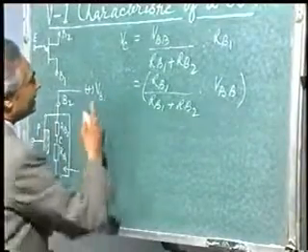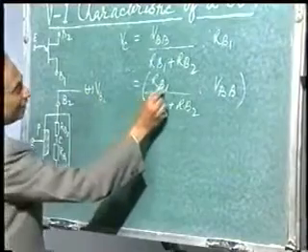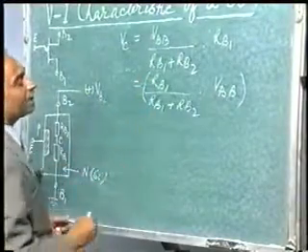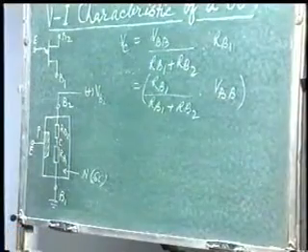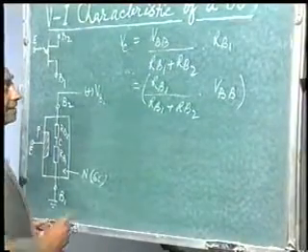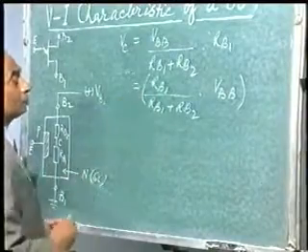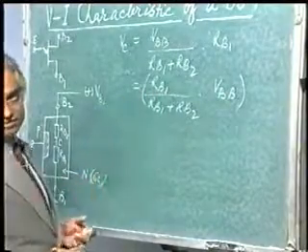silicon, and hence we get, in place of RB1 upon RB1 plus RB2, this factor is known as intrinsic standoff ratio. Intrinsic standoff ratio is defined as the ratio between resistance of zone 1 and the total resistance of the device.